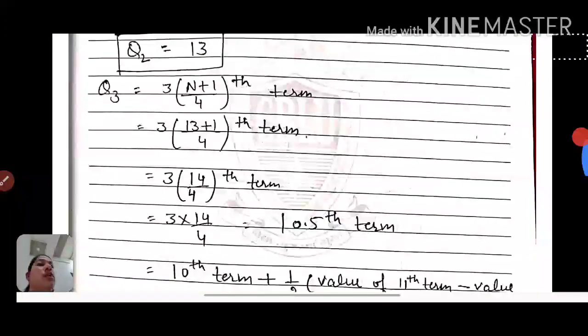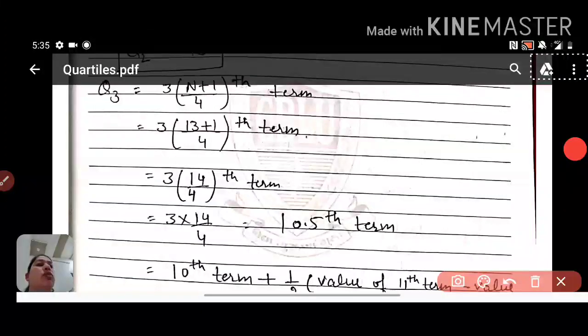For quartile 3 you have to use the formula 3 times (n plus 1) by 4th term. Here n is equal to 13. When you solve it, it will come 10.5th term. That means, similarly, as you solved the 3.5th term, you have to solve the 10.5th term.